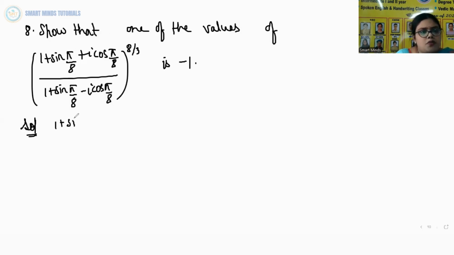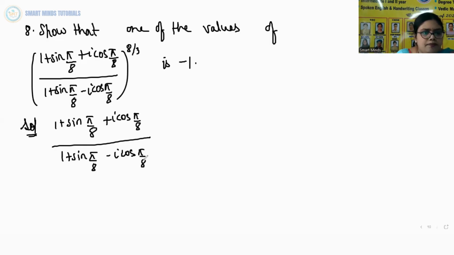So the bracket is (1 + sin π/8 + i cos π/8) / (1 + sin π/8 − i cos π/8).